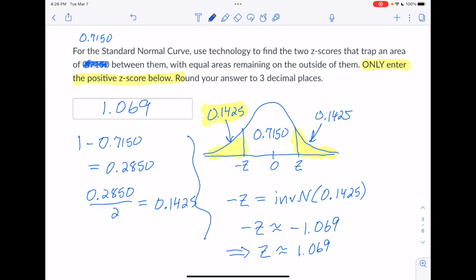All right, so then thinking about places where this can go wrong, one of the main things I see students do on tests or quizzes is they calculate this area and they put it into inverse normal and they forget to do this division by 2.